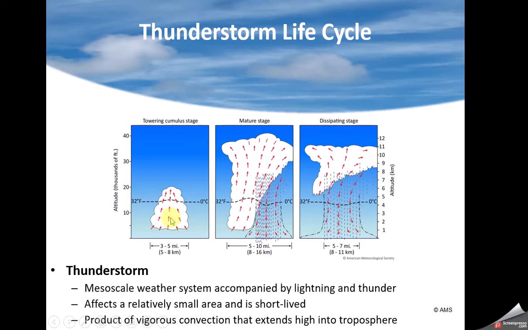Notice here the first part of it, towering cumulus, the thunderstorm's going up. Really may not even be raining at this point in time. Here it's reached its fullest stage. Oh yeah, part of the winds are now coming down. This would be the front. If you were looking at it coming towards you, this would be the area you'd be seeing.